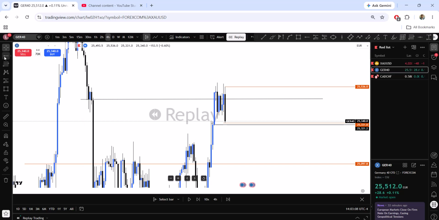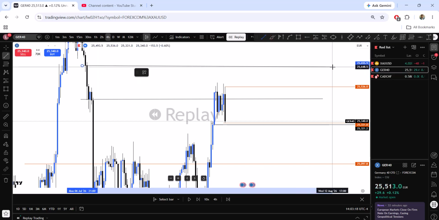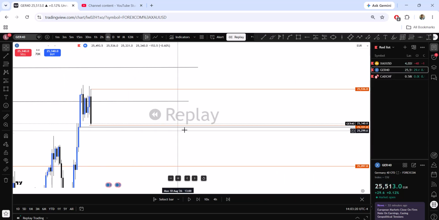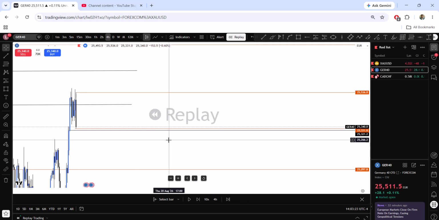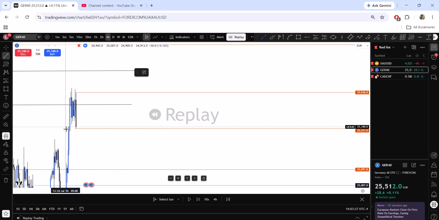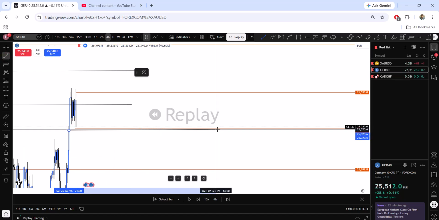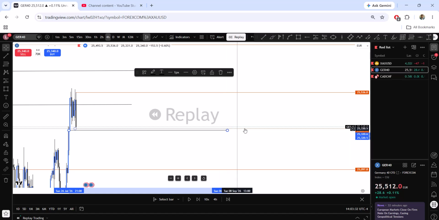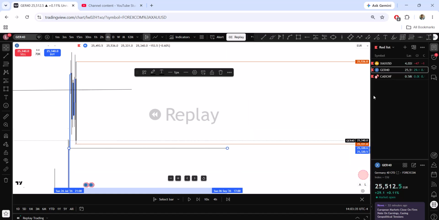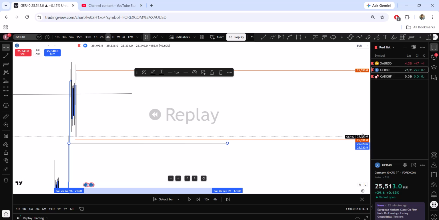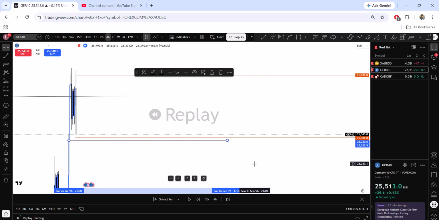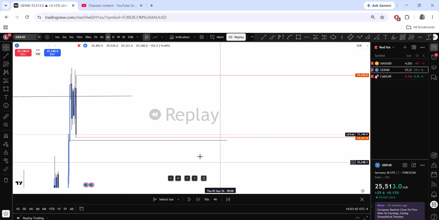This one here is still yet to be tapped, and we can know that price will eventually target that. All right. Okay, so these are all key levels. Let me just write that down.